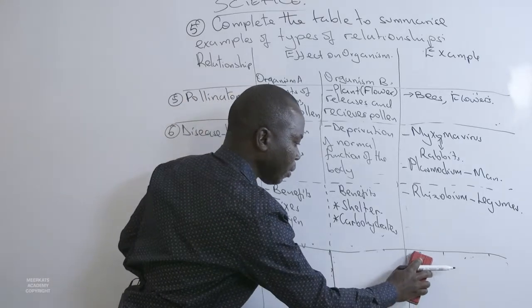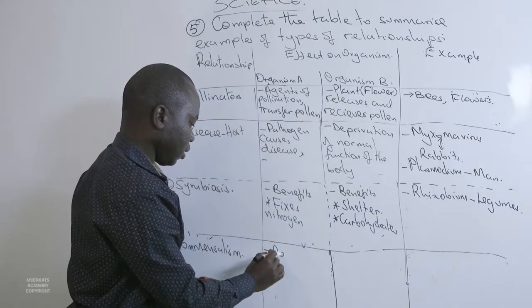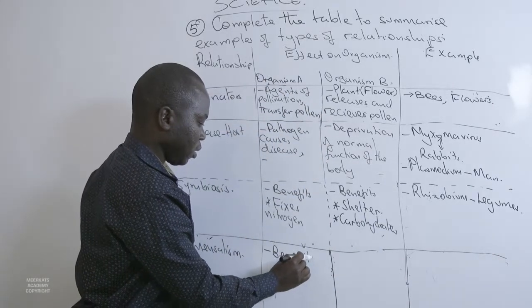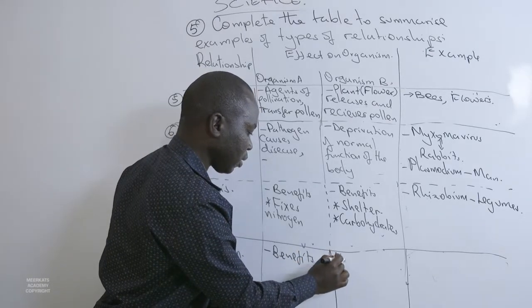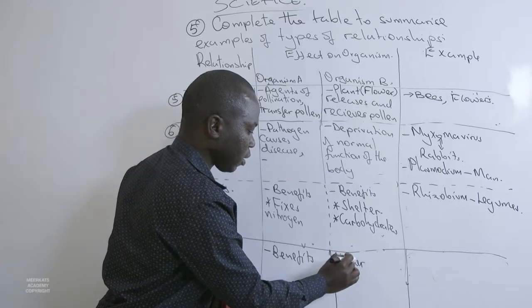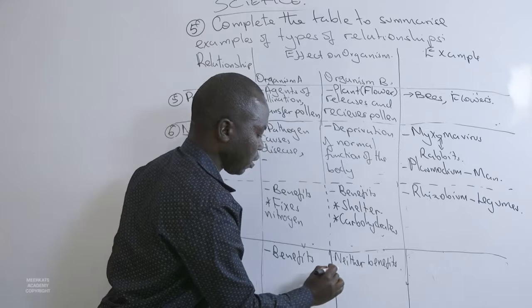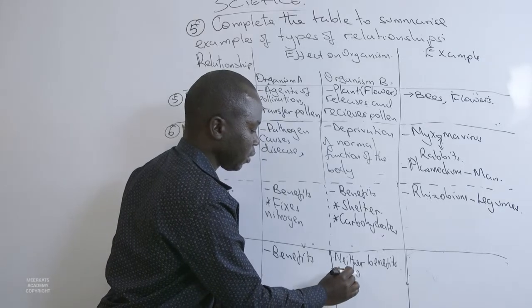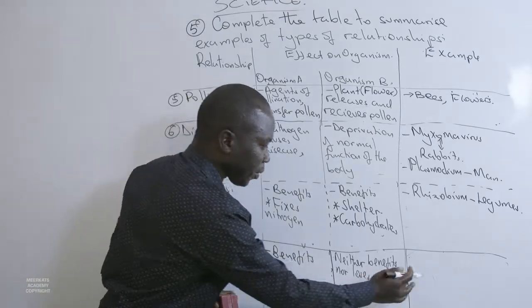So if we use an example, then it becomes very easy. So this one benefits, but the other organism neither benefits nor loses. We can give an example here.